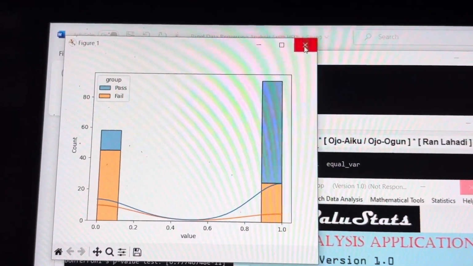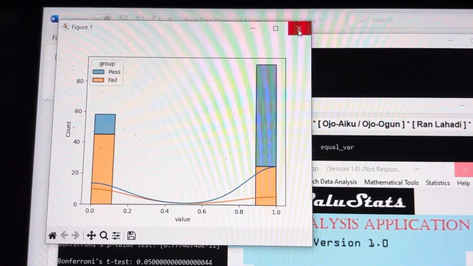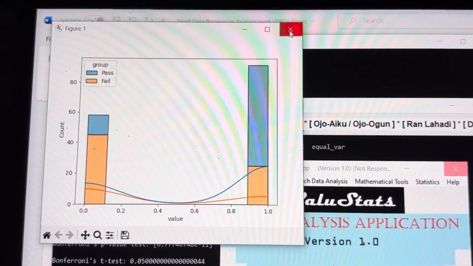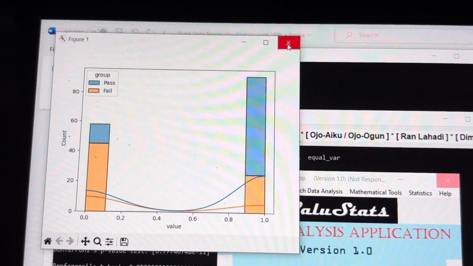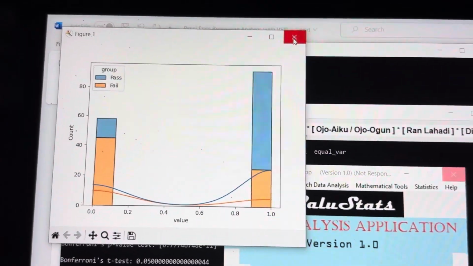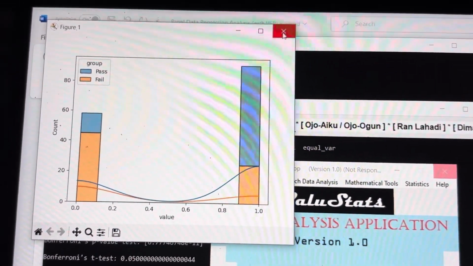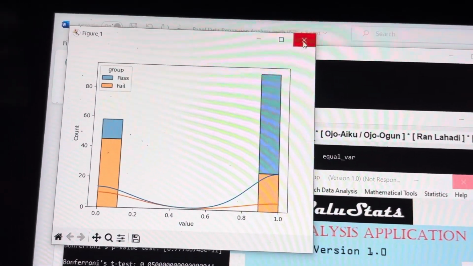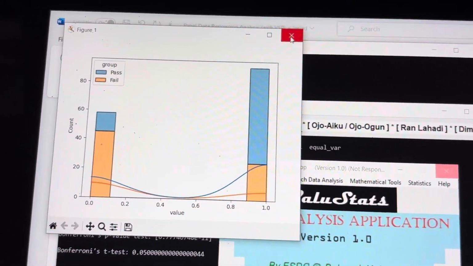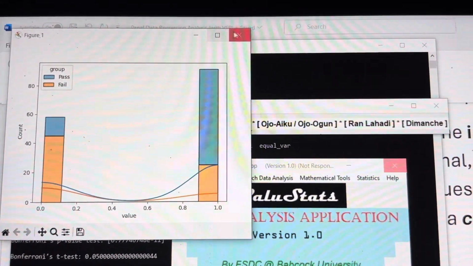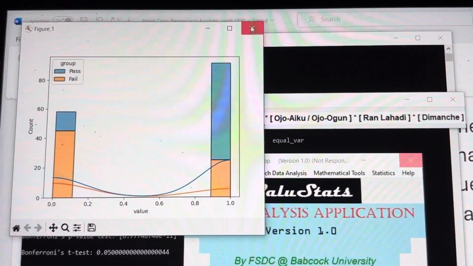Yeah, if you look at the data set file, you understand what I'm saying. While here, those who scored 1, because there are some people that failed that also scored 1, the majority are in those who passed, while some that failed also scored 1. That is what is showing here. It's a very good analytical tool also.